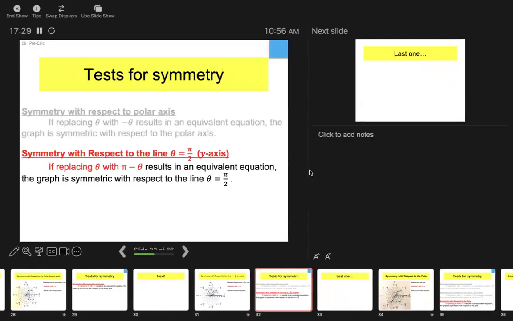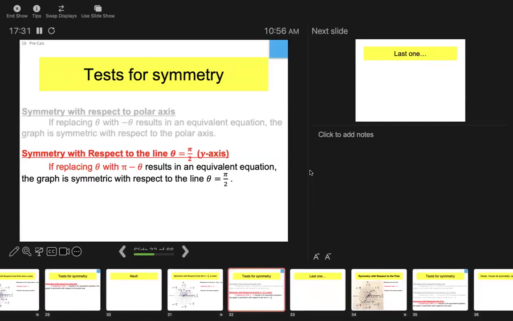Okay, so write this one down. And yes, if you want to think about this as y-axis symmetry, you can, but it's more formally called symmetry with respect to theta equals pi over 2. So the first one will replace theta with negative theta.